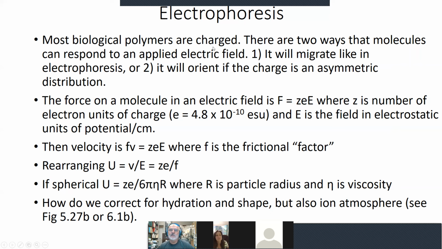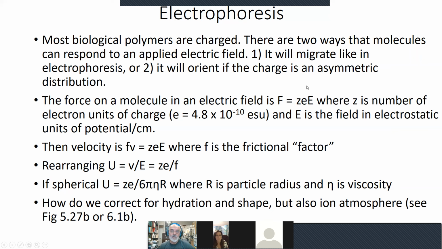Certainly proteins and nucleic acids tend to be charged. Okay. And so this is the mechanism by which electrophoresis works. If you put a molecule in an electric field, it will migrate depending upon the direction of the electrodes.